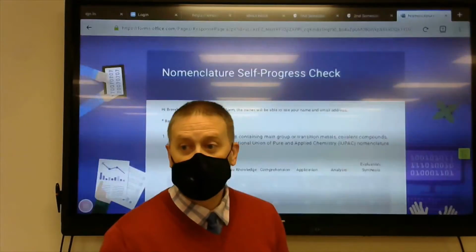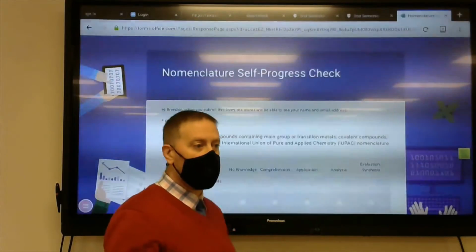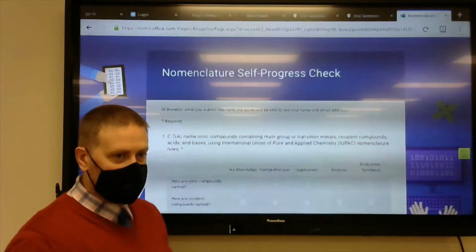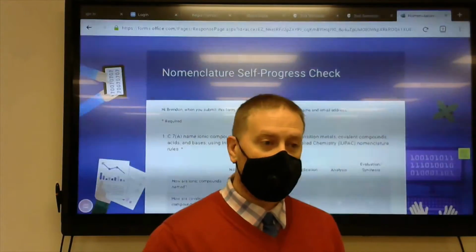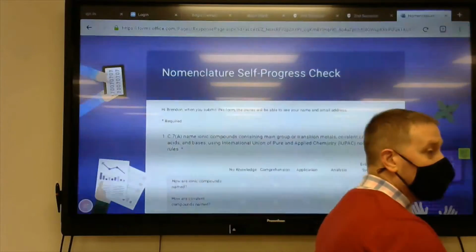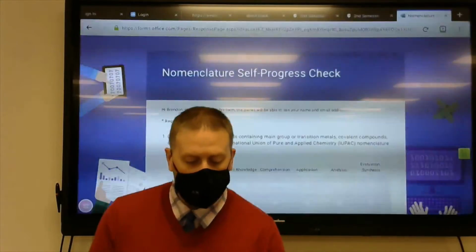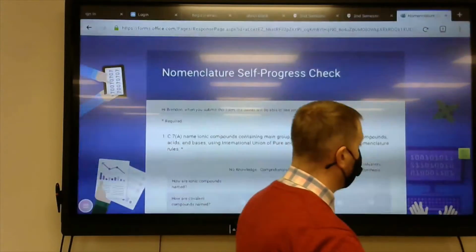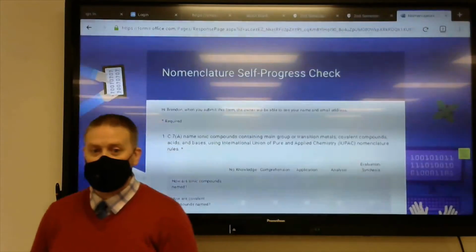So when you get to the review day before the test, you'll have a self-check form to fill out so you can figure out, okay, how much do I need to study? What don't I know? Have I reached the level that I need to reach to be ready for the test? All right, so go ahead and open this up in Canvas.